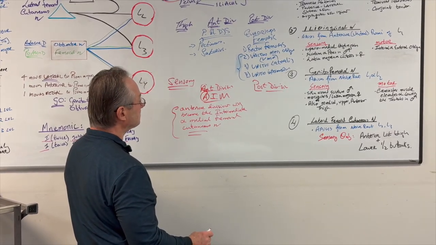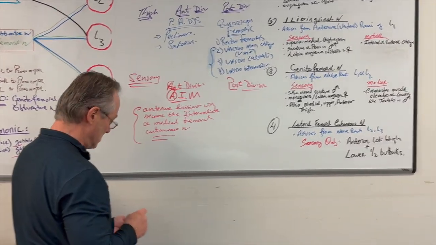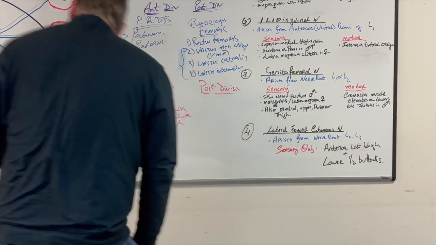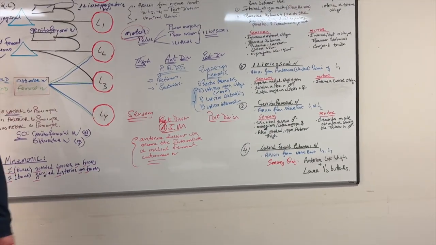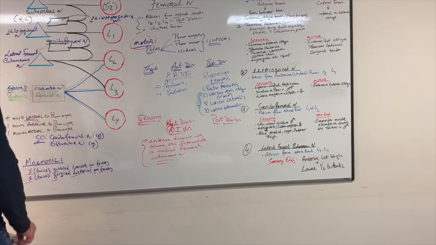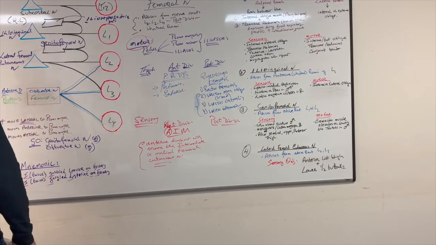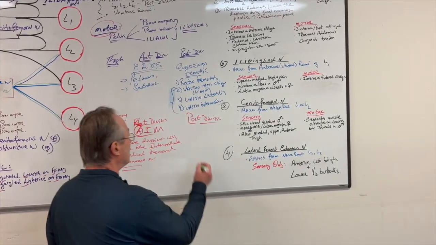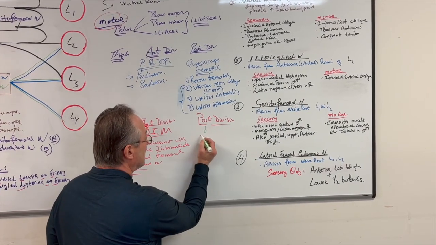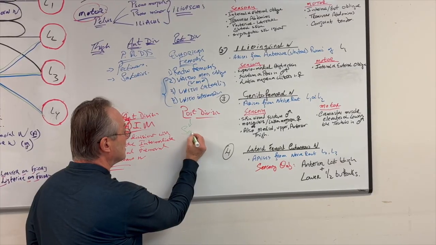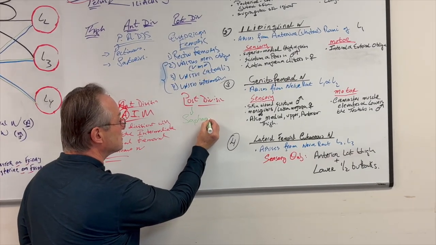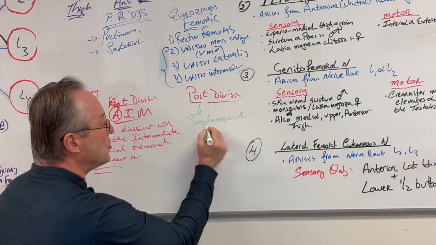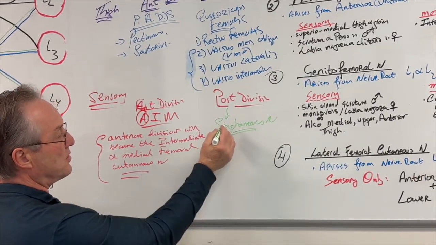All right. What about the posterior division? Well, let's use a different color. Let's go with green. The posterior division, basically, it turns into the saphenous nerve. Okay, very important.